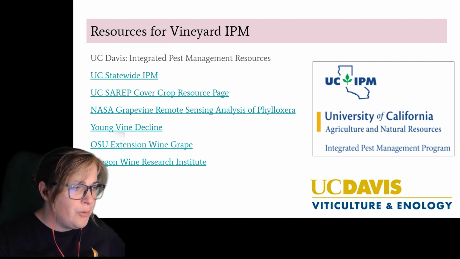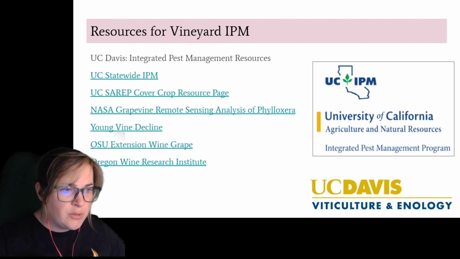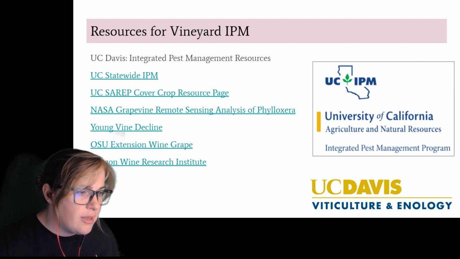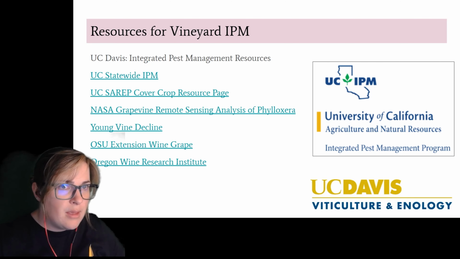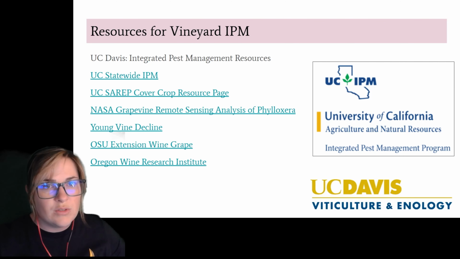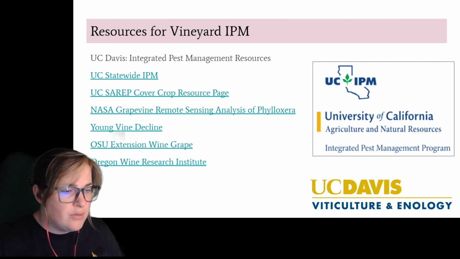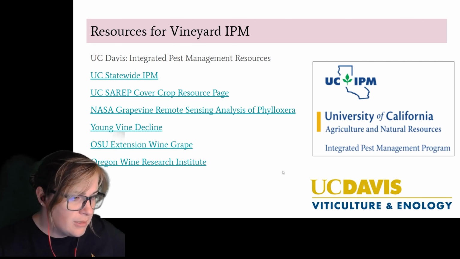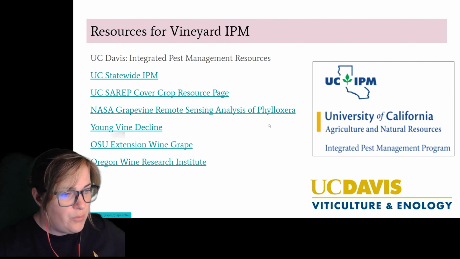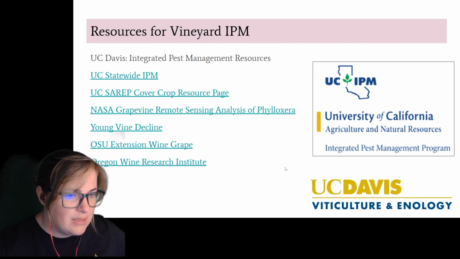There are so many people who have gardens and vineyards and crops, or even just apple trees in their backyard, and they work a lot off of what their neighbors recommend them, but a lot of people don't realize that these resources exist. So being able to offer that up as knowledge will be very important. So UC IPM will be the big one. I won't ask you to memorize the rest of this though.